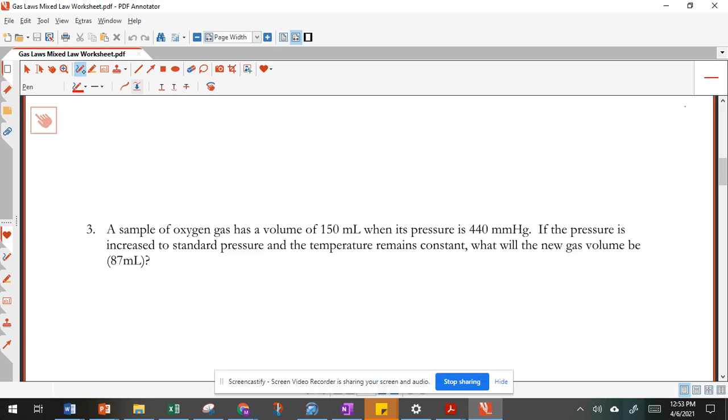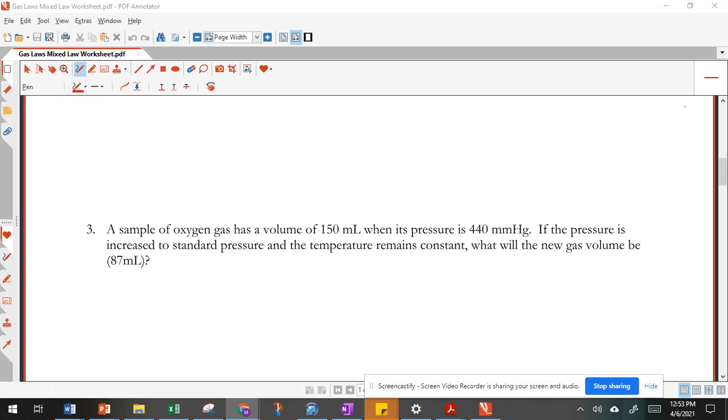When you're doing these problems, because they are all mixed up, it's very important that you first analyze the problem so you can correctly determine exactly which law you'll be using, and also so you can make sure that your units from one condition to the other are constant, that you're not dealing with different units. So in this problem, we have a volume, so that's going to be our V1 is equal to 150 milliliters.